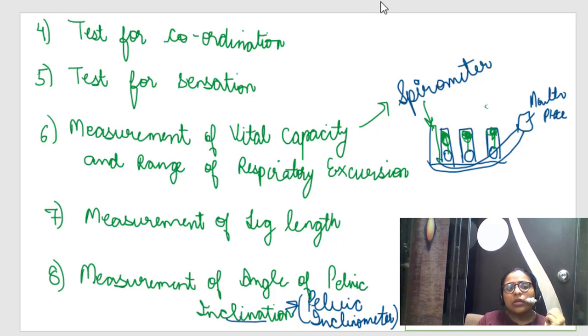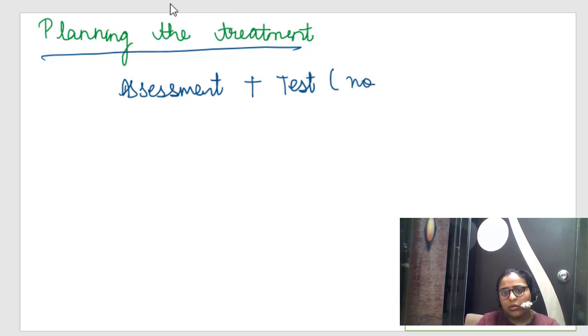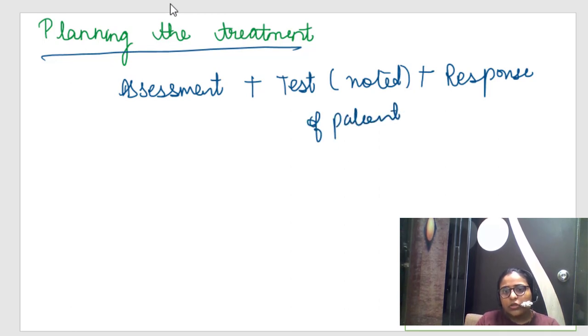After going through this and seeing the patient's response, he can plan the treatment of the patient accordingly, according to the assessment. With his knowledge of physiotherapy, he can plan the treatment of the patient.